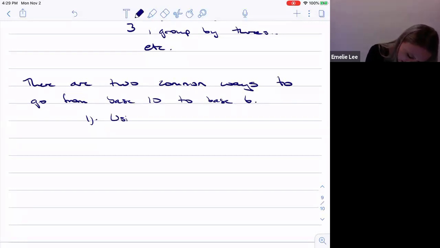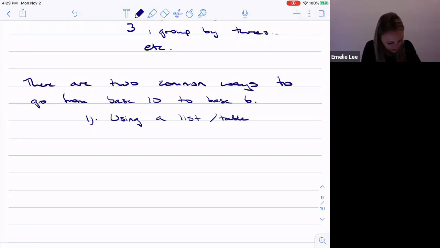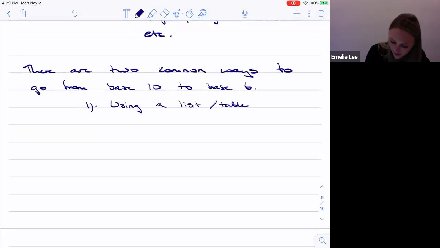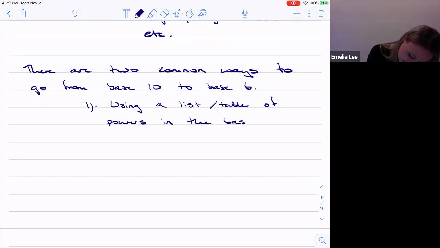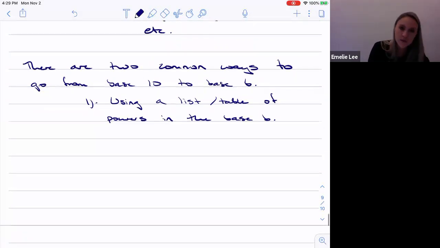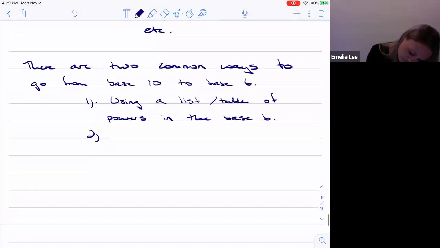So using a list or a table of powers in the base B. Okay, so I'll show you what I mean here in just a little bit. The second option is to do repeated division.